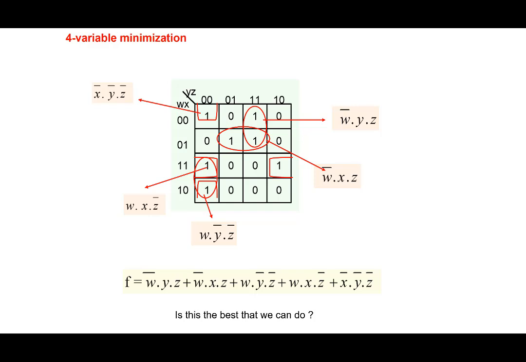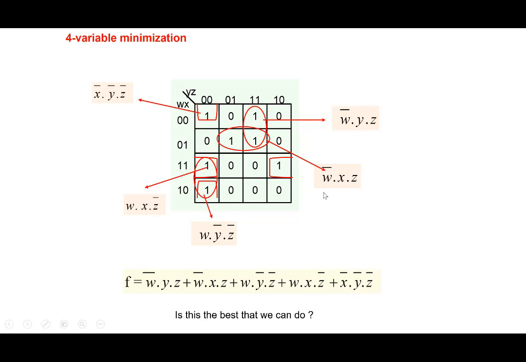The idea is that we've covered all the ones here, but is this the minimum? You would like to cover each one with as simple a term as possible, and at the same time you should have as few terms as possible here, right?